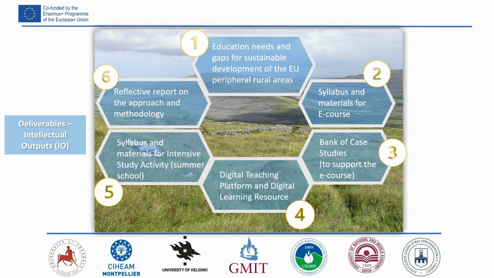The third is to support this online course and syllabus with a bank of case studies, and these will highlight peripheral rural areas that are local to each university. So in the Irish context, our peripheral rural area case study is the Burn and the innovations down there.